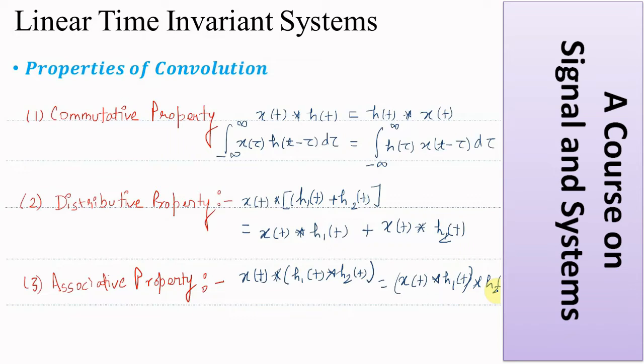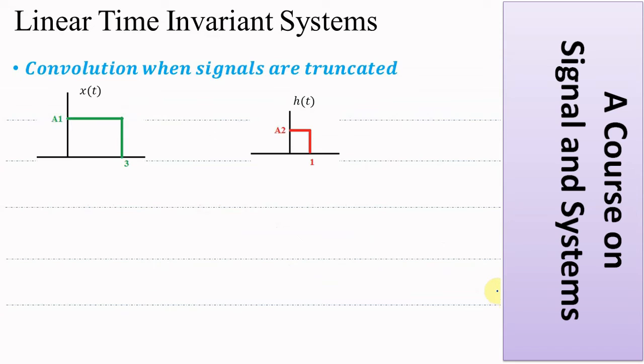This is a concept that has to be utilized while evaluating the convolution of two truncated signals. A signal is said to be truncated in time if there is a value of time after which the signal does not exist, and there is a value of time at which the signal starts. So then the signal is said to be a truncated signal.